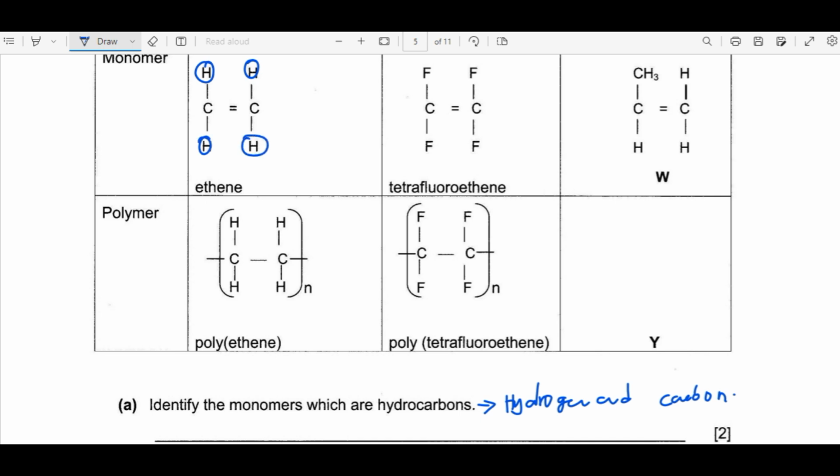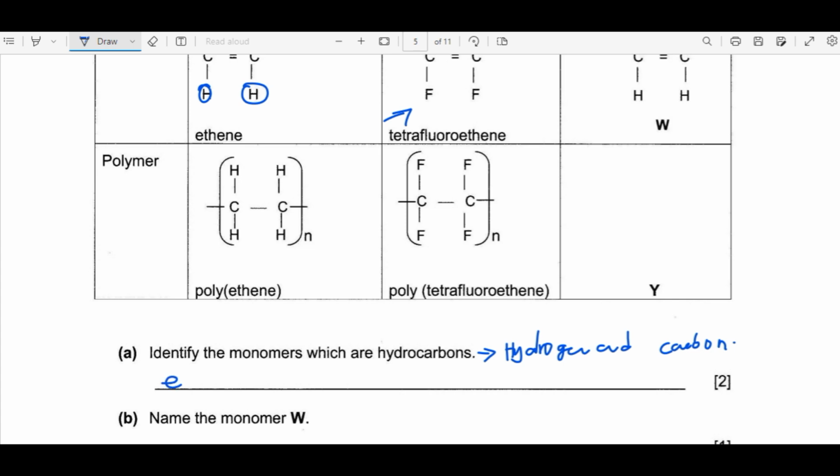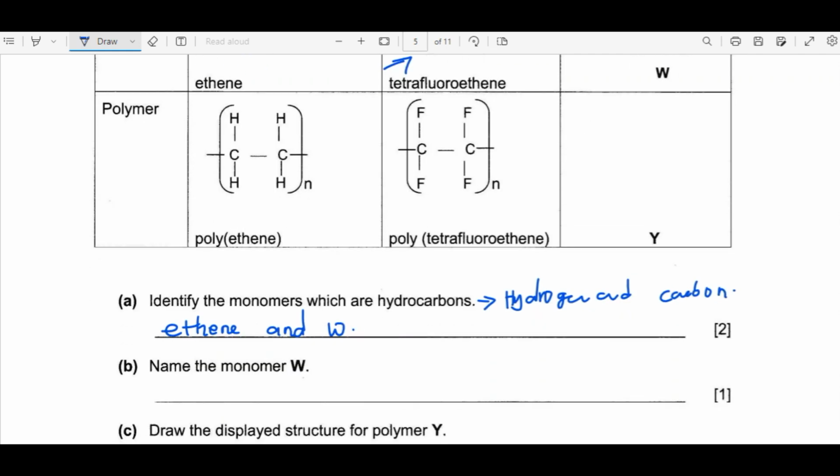So this is a hydrocarbon. Then for this one, this is not a hydrocarbon because there is a presence of fluorine. So this one no, but W is also a hydrocarbon. So we'll say ethene and W. Then name the monomer W.